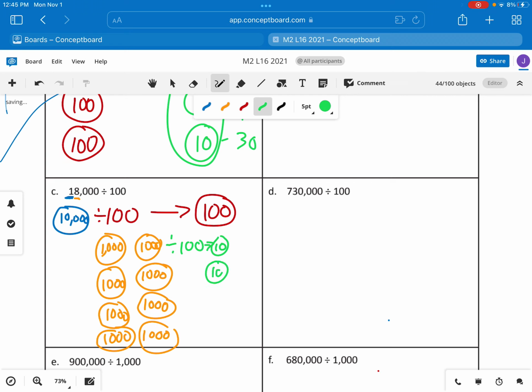So I'm going to draw 8 of these 10s, 8 tens. So I'm going to have 180 as my answer.